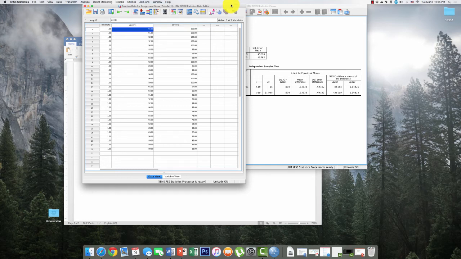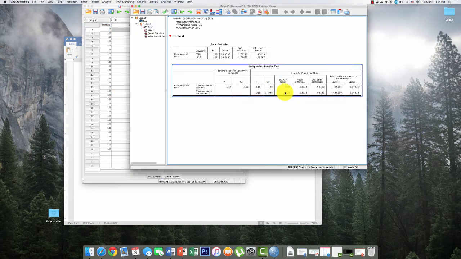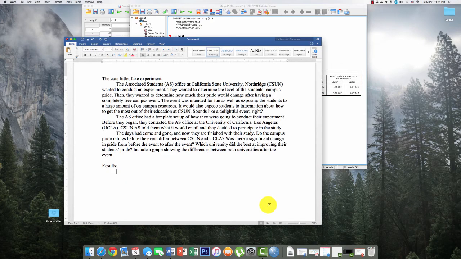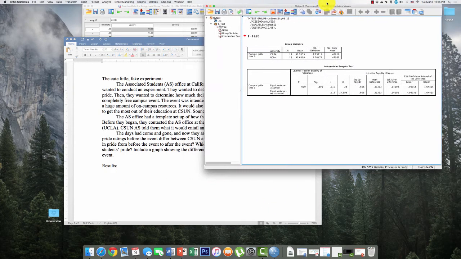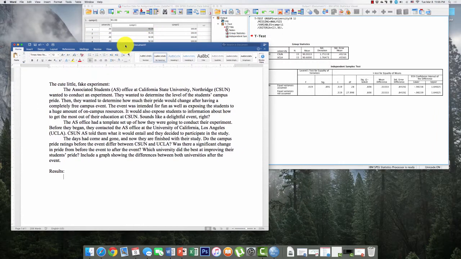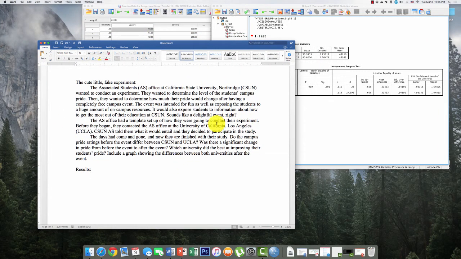If the differences in the means are significant at time 1, then it's suggesting that there could be a difference in the variances between the two groups. So over here, it's 0.608, greater than 0.05. No differences in means. The variances are fairly similar. So I'm going to go ahead and write that up for you guys to show you what that looks like.